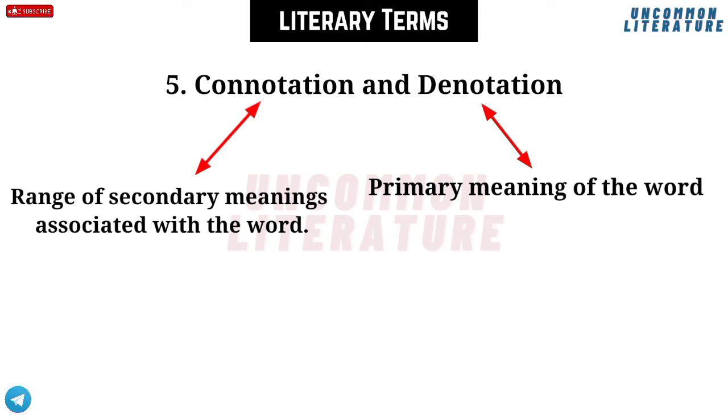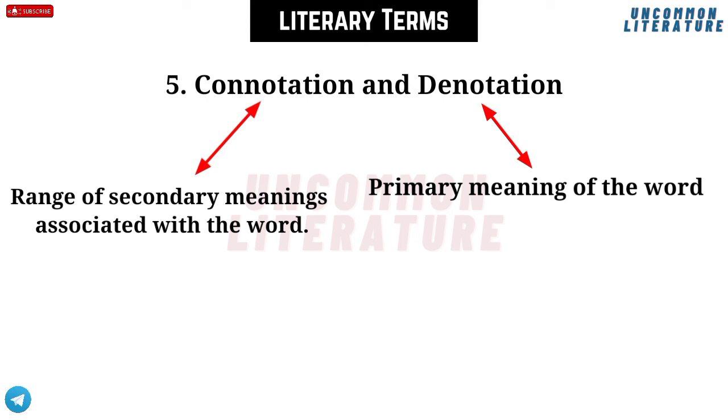I explain it to you: when I say apple, first the meaning that comes into your mind is this fruit, and later on you move on to think of other ideas attached to it, for example, the Apple company. So the first one is denotation, the primary meaning, and the second one is connotation.